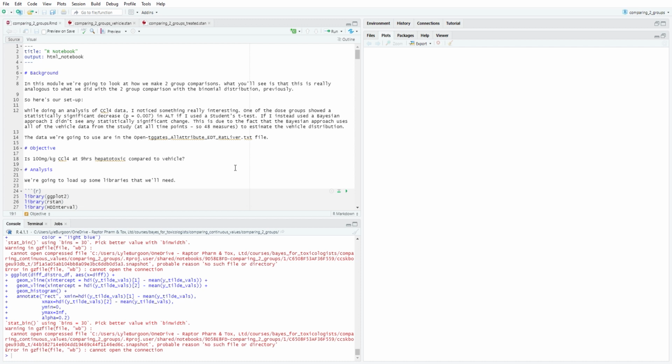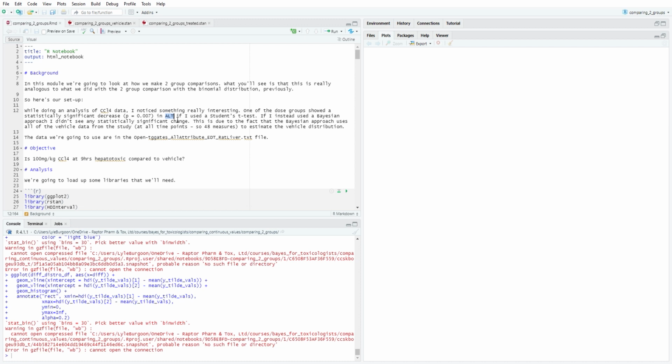Really, what happens is when people don't actually understand what ALT is, they start making really silly assertions based on really faulty inferences from extremely small sample sizes. Okay, so what is ALT? ALT is alanine aminotransferase. It is a biomarker we use to see if there's hepatotoxicity.